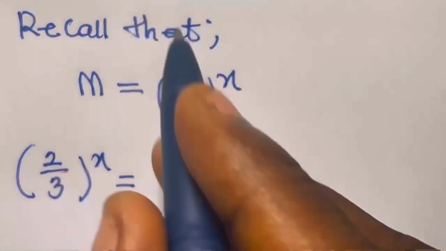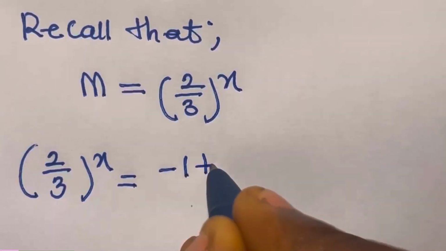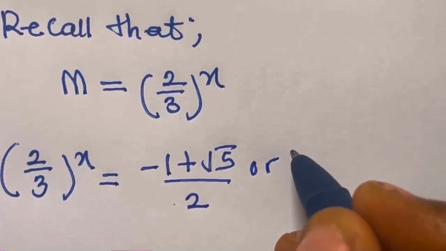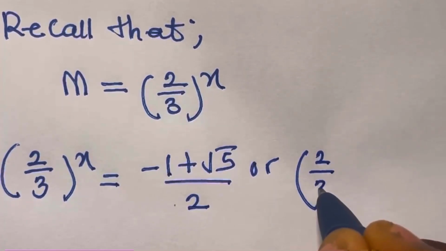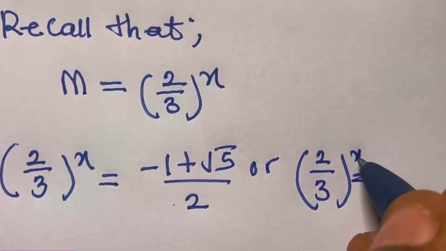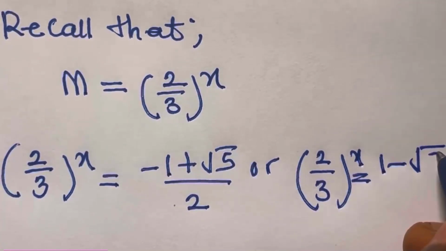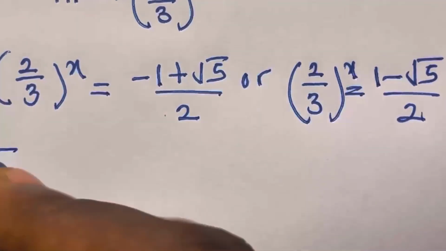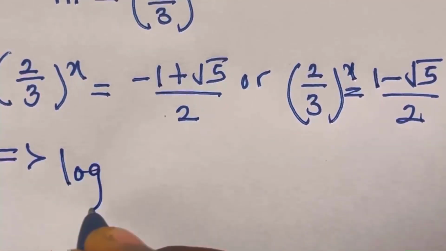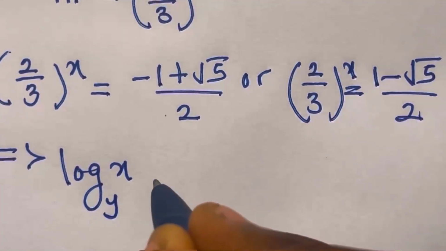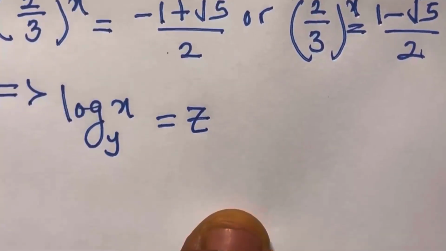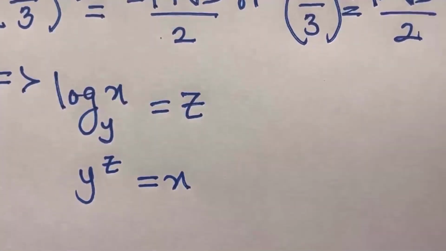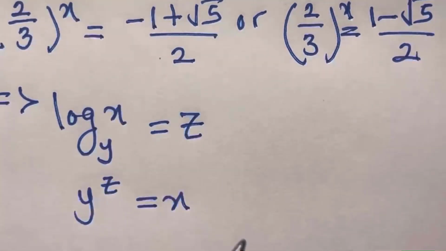We have our m1 to be minus 1 plus square root of 5 divided by 2, so 2 divided by 3 raised to the power x equals minus 1 plus square root of 5 divided by 2. So from here, let's recall that if you have log x in base y equals z, this implies that y raised to the power z equals x.